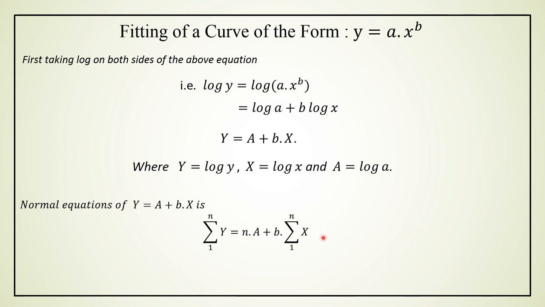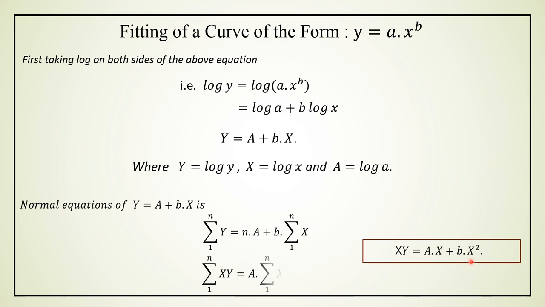The next normal equation is obtained by multiplying x throughout. Okay. So the equation becomes xy is equal to a into x plus b into x square and then take the summation of it. So the second normal equation is summation xy is equal to a into summation x plus b into summation x square.